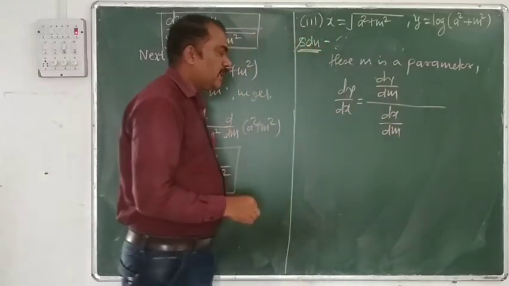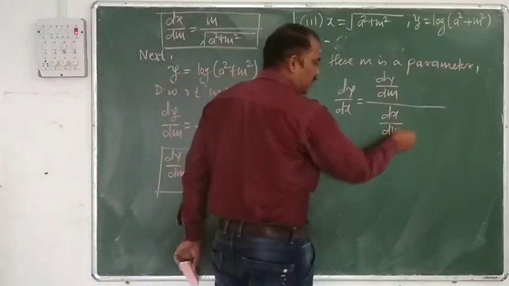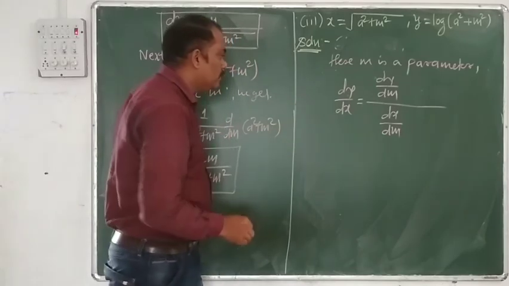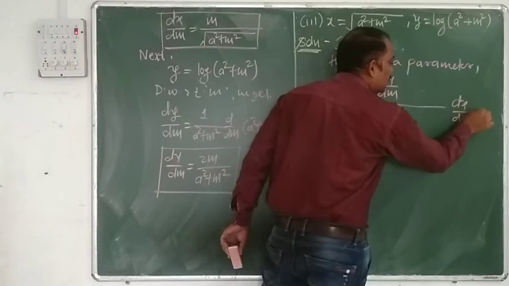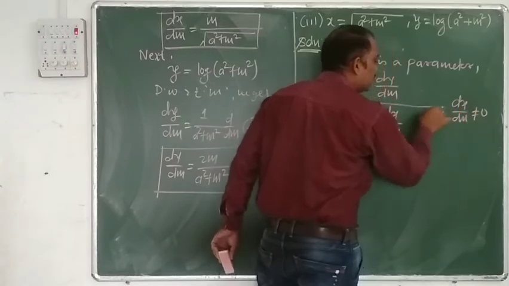Put the respective values in their places, with the condition that dx by dm is not equal to 0.